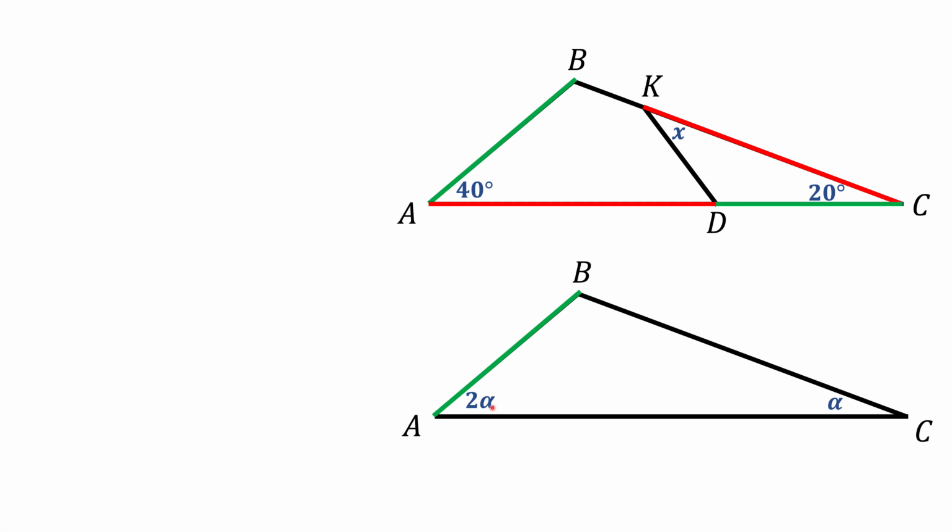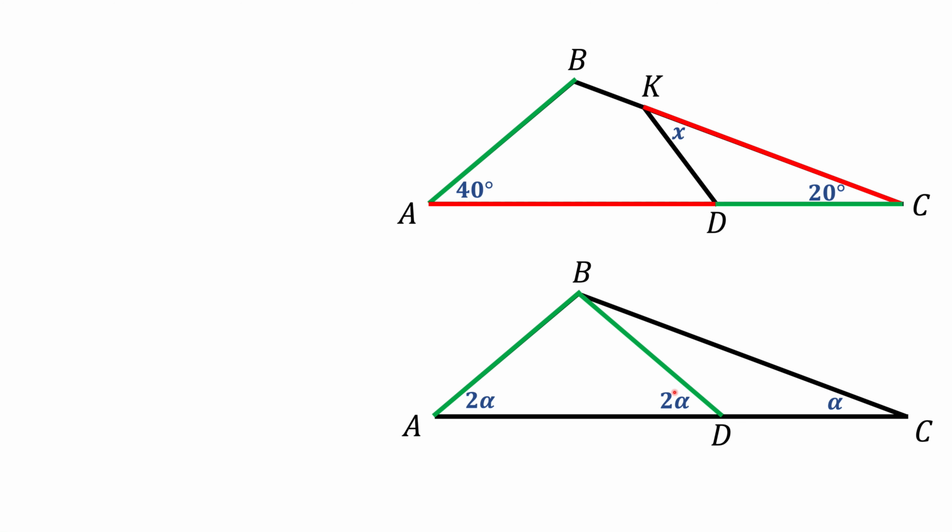So from point B, we're going to draw a segment, which we're going to call BD, in a way that BD is the same length as AB. Now we got an isosceles triangle ABD, and in an isosceles triangle the angles at the base should be the same, so angle D here should be 2 alpha.